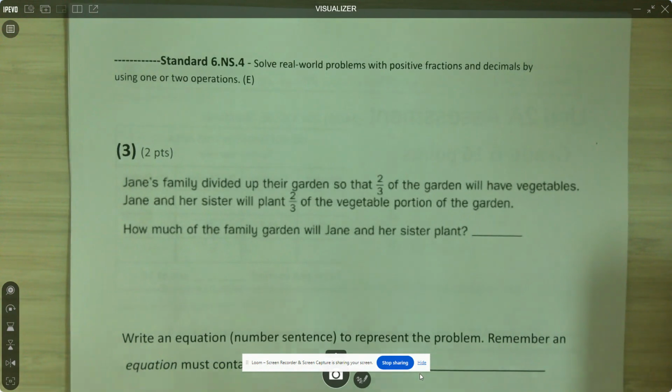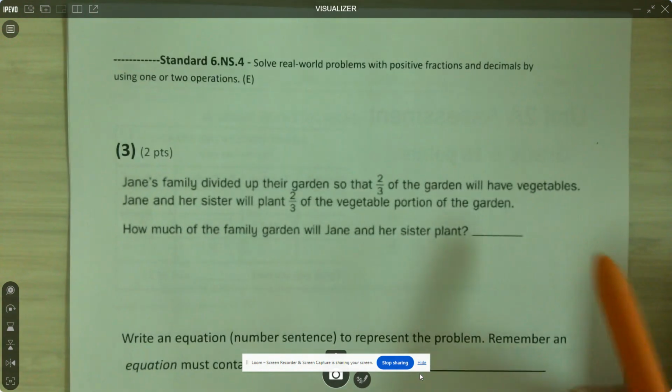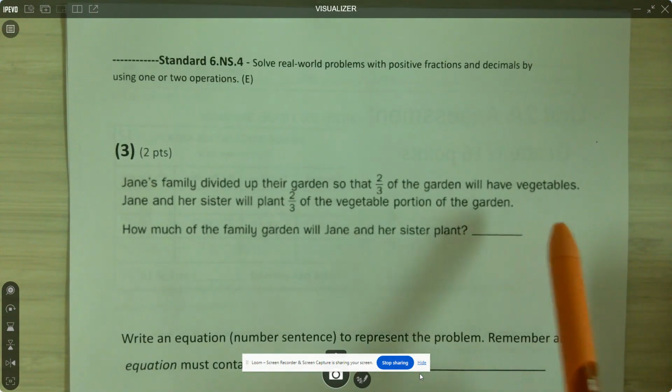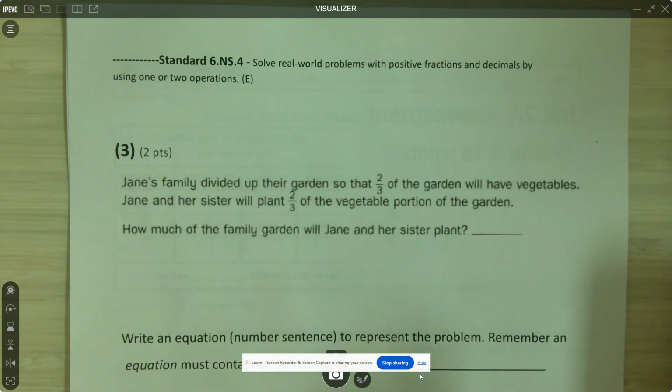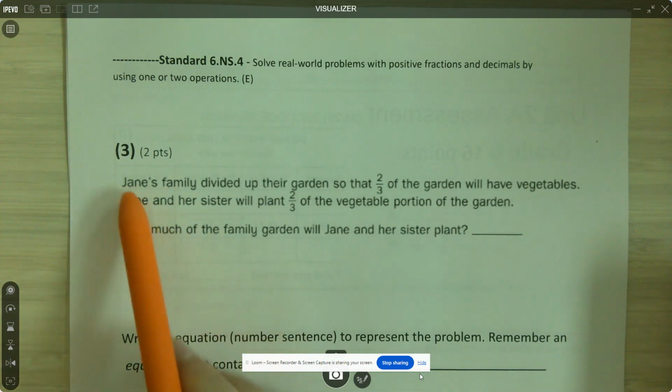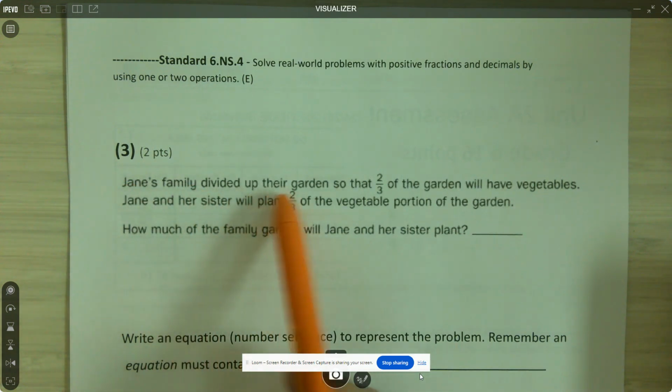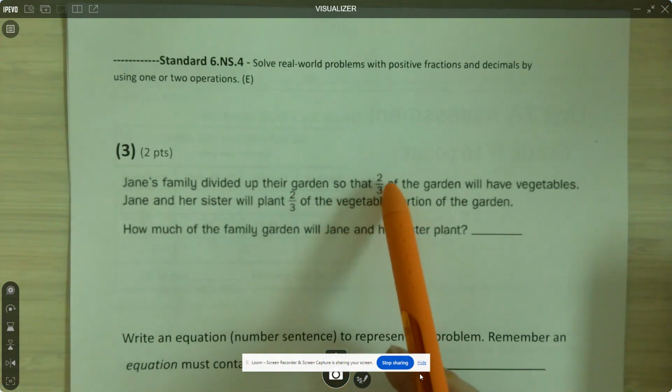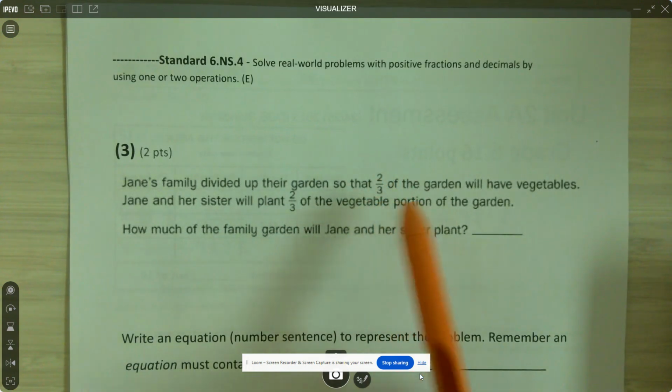Okay, then when you flip your paper over, you will see some word problems. So number 3 says that Jane's family divided up their garden so that 2/3 of the garden will have vegetables.